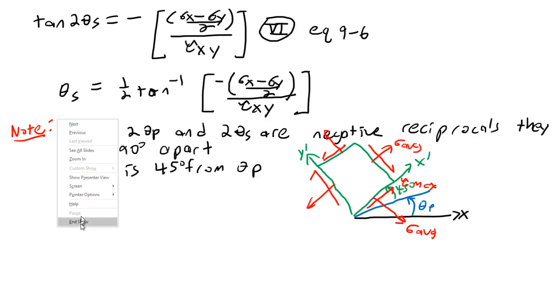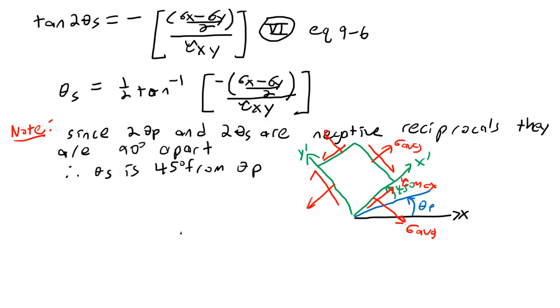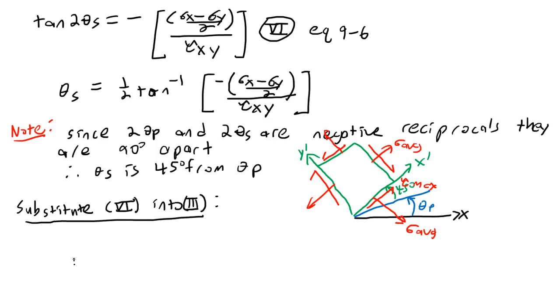Okay, so finally, I want to get an expression for the actual value of the maximum shear stress. We don't have that yet. We only have the angle. So if I substitute this angle back into our shear stress as a function of theta, substitute equation 6 into equation 3, we will get the following.